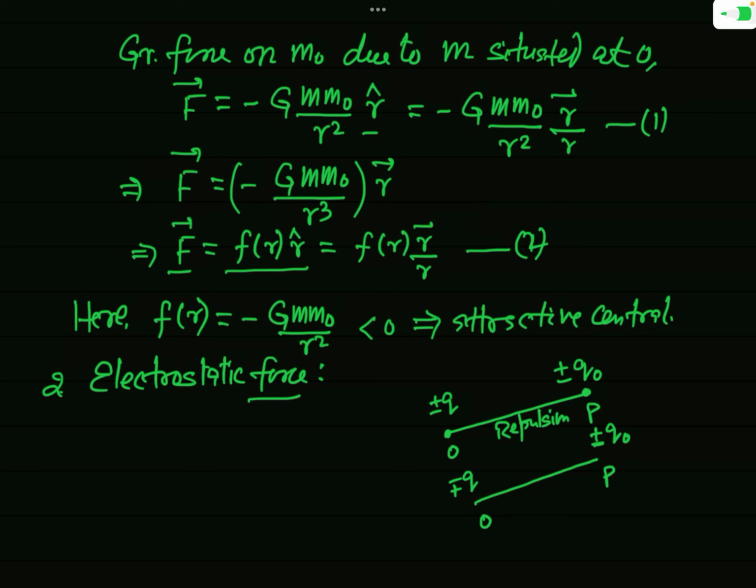And according to Coulomb's law, the second situation is the case of attraction. Okay, case of attraction. So in this situation, if we consider the situation of this first figure, that is the case of repulsion, then the force acting on q naught due to this q, what will be that?